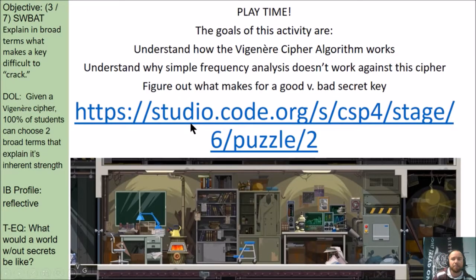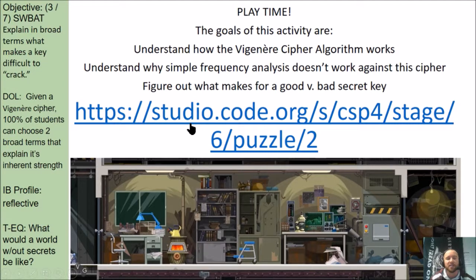Okay, so let's take a step back. The goals of this activity are for you to understand how the Vigenère algorithm works, and for you to understand why simple frequency analysis doesn't work on it. If you tried that to figure out what my message was, that would not have been a very wise choice. Frequency analysis does not work on the Vigenère cipher.